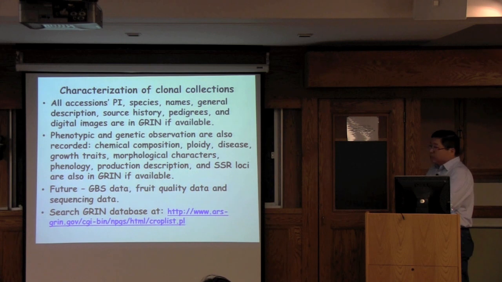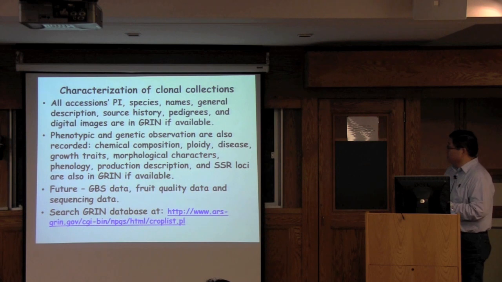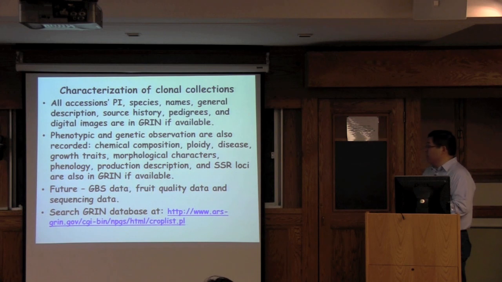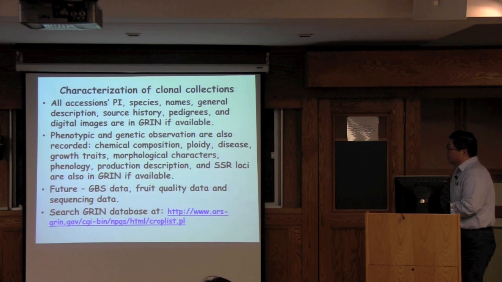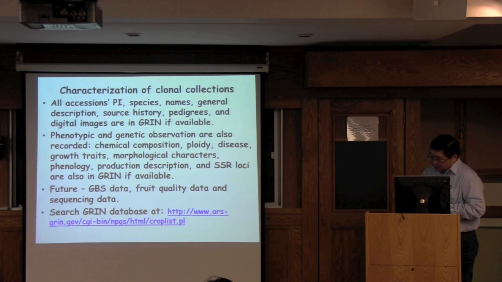We also carry out a lot of phenotypic and genetic characterization, and some other work such as chemical composition, ploidy measurement, disease resistance, growth habit, morphological traits, phenology traits, some description of the production, and also microsatellite marker information, all stored at the GRIN database. In the future, hopefully, we'll have more GBS, genotyping by sequencing, marker data, more fruit quality data, and also sequencing data. All the information is searchable at the GRIN database website.